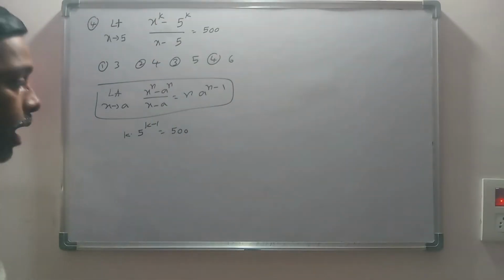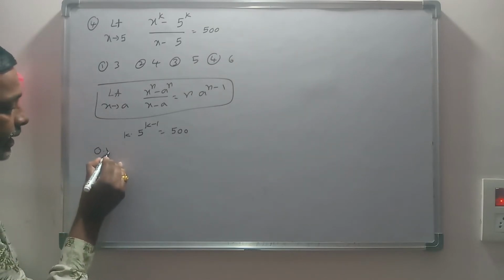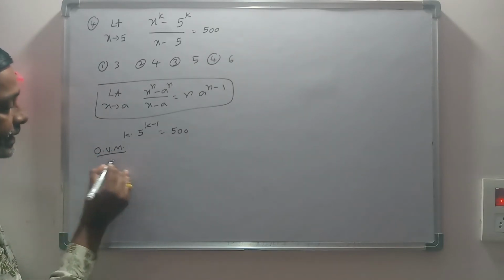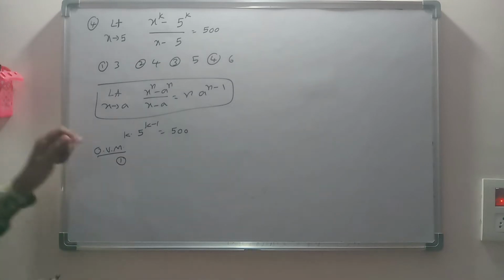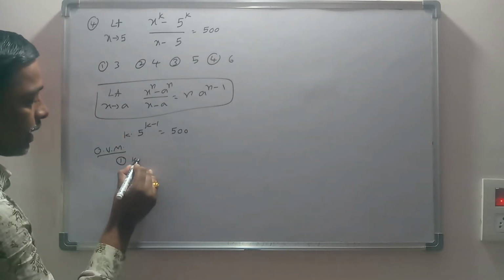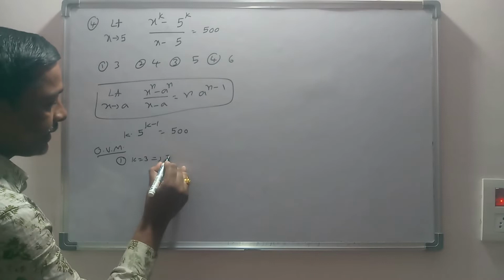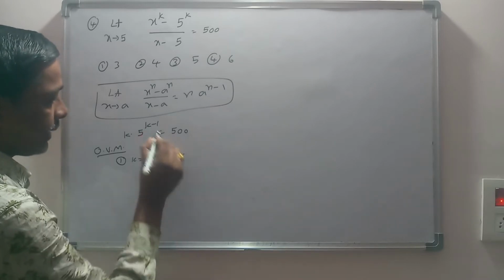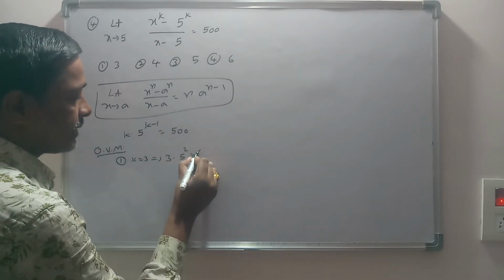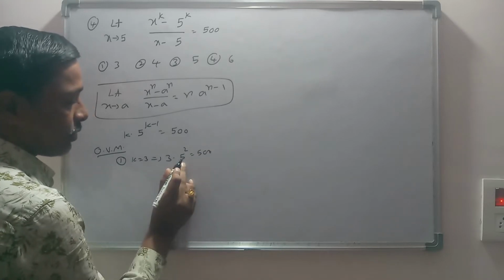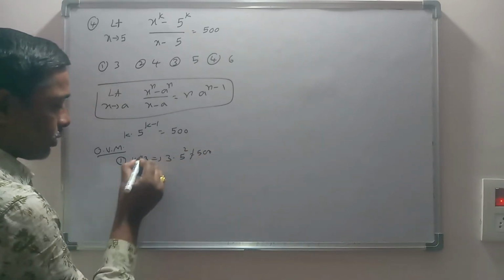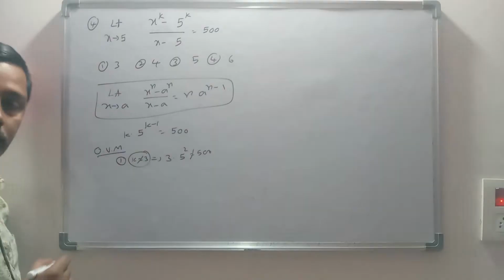After that, option verification method. What is the first option? 3. K equal to 3. Apply here: 3 into 5 power 3 minus 1, 5 square, is equal to 500? 5 square is 25, into 3 is 75. Not equal. It is not possible.